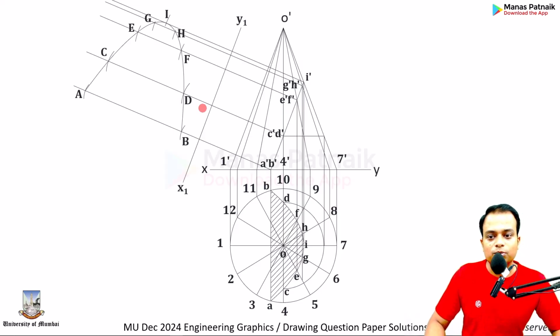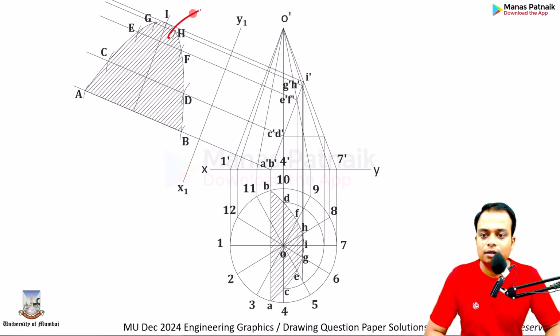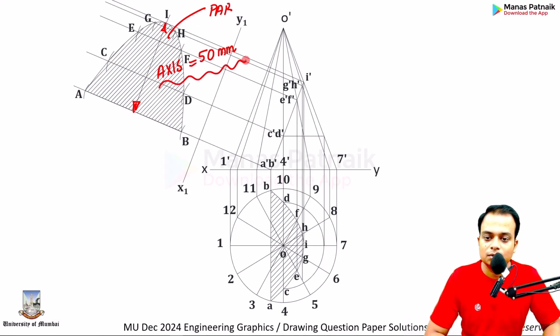And when you join all of these points in a proper sequence, what you have is a parabola. And by the way, this length that you see is known as the axis. And if you try to measure it, it will be equal to 50 millimeters. Please note that measurement.